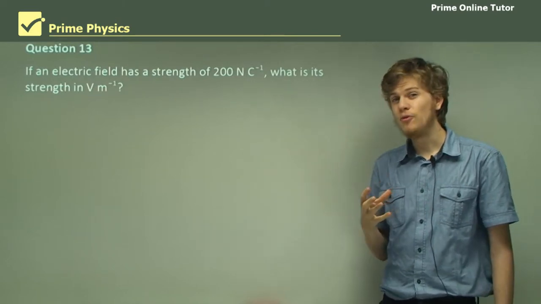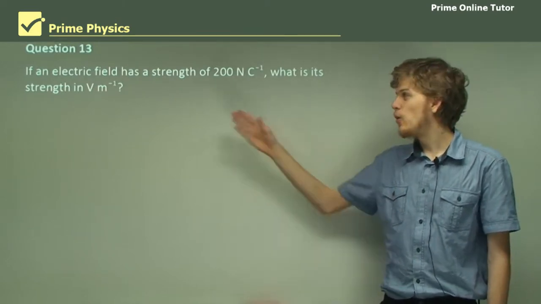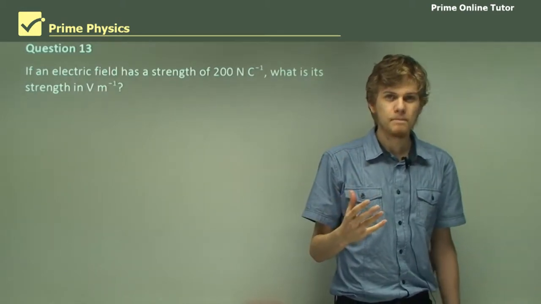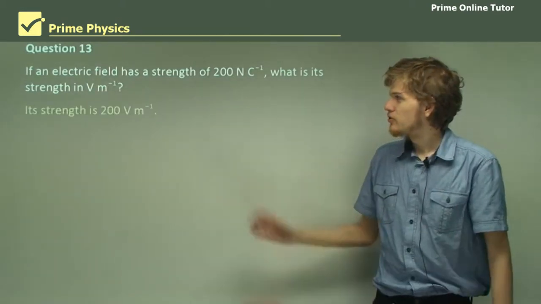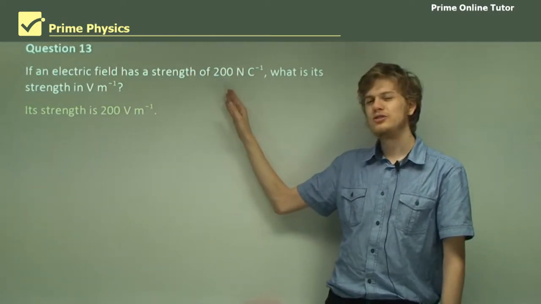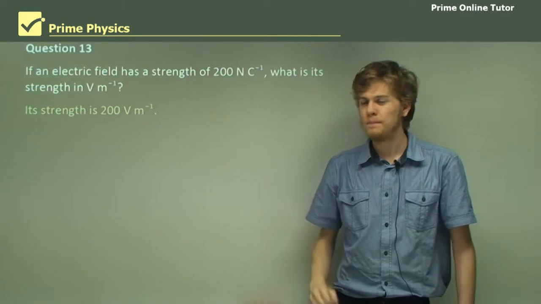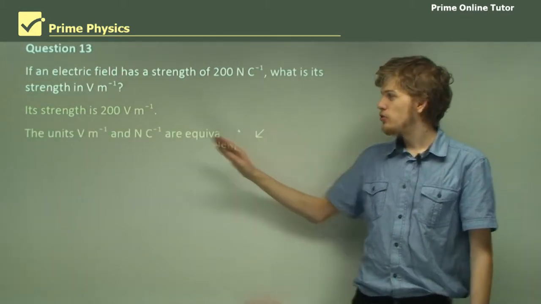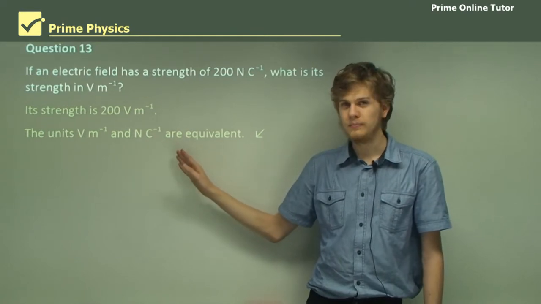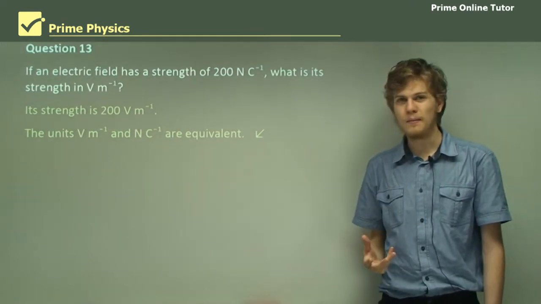But as I've mentioned before, these two ways of measuring the electric field strength are exactly equivalent. So the strength of the electric field in volts per meter is also exactly 200 volts per meter. The units volt per meter and newton per coulomb are equivalent. They mean exactly the same thing.